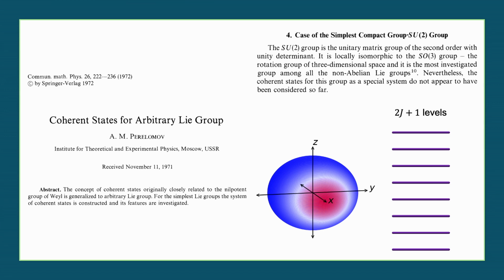The nice thing in this case, for SU2, is that there's a Bloch sphere, and you can see 2J plus 1 levels. Instead of what we teach undergraduates with principal quantum number, orbital angular momentum, et cetera, with a ladder of levels, we can use a representation over coherent states. So the coherent states are well posed. I'm going to throw in one gripe: people keep talking about continuous variable systems, and they often mean oscillator.